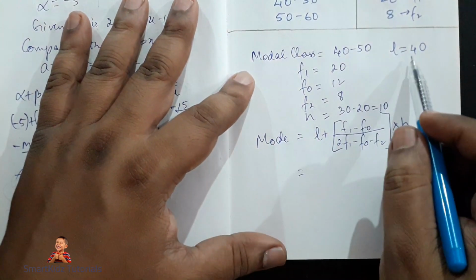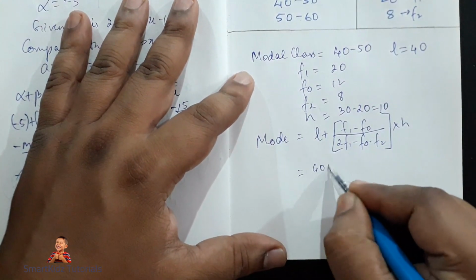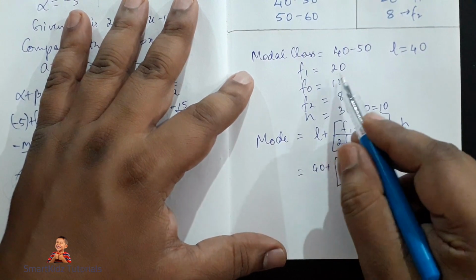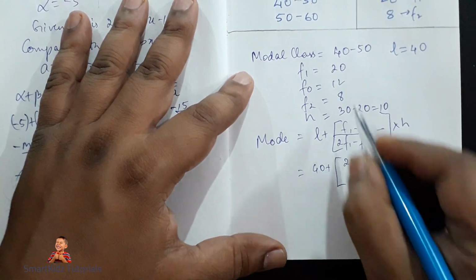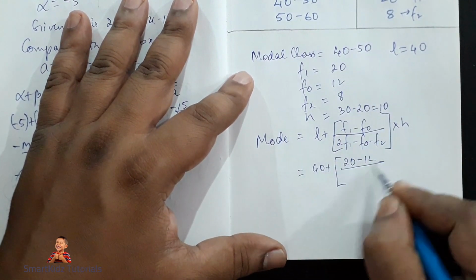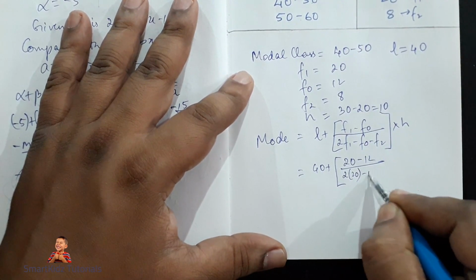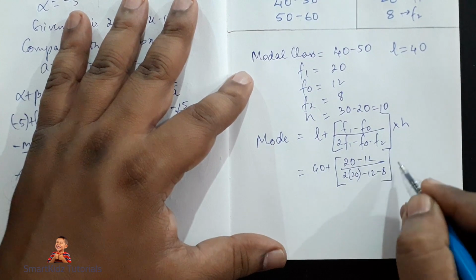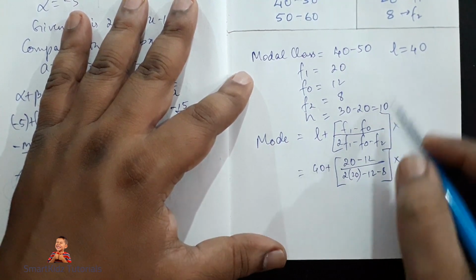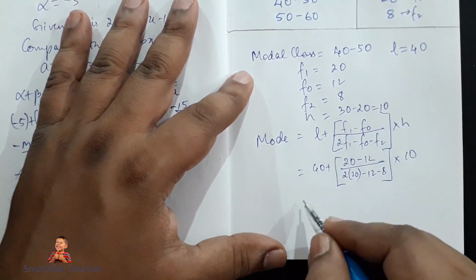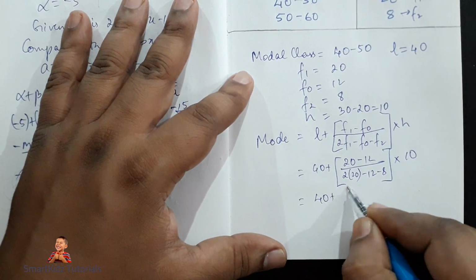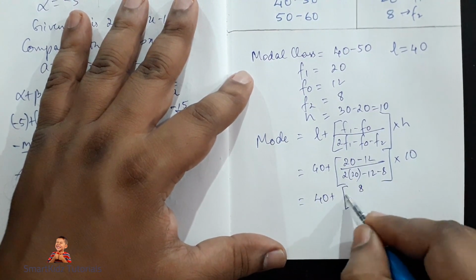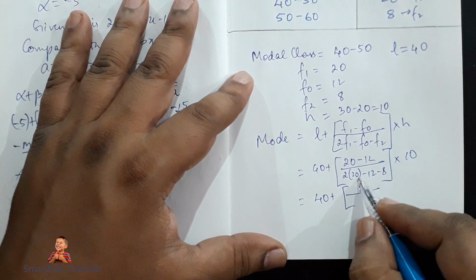L is 40. I'm going to substitute that. F1 is 20. 20 minus F0, which is 12. 2 times into 20 minus 12 minus 8. That is F2. Close this bracket into h, which is 10. Now 40 plus 20 minus 12 is 8. 2 into 20 is 40.